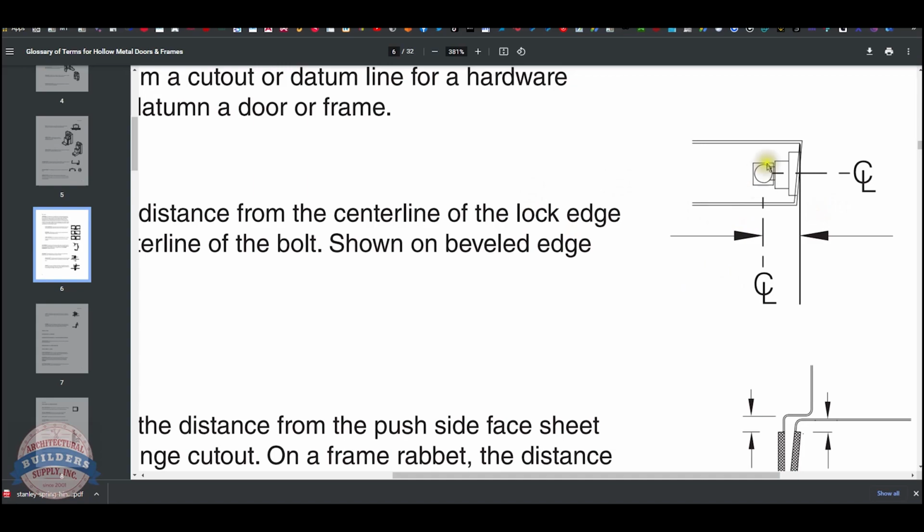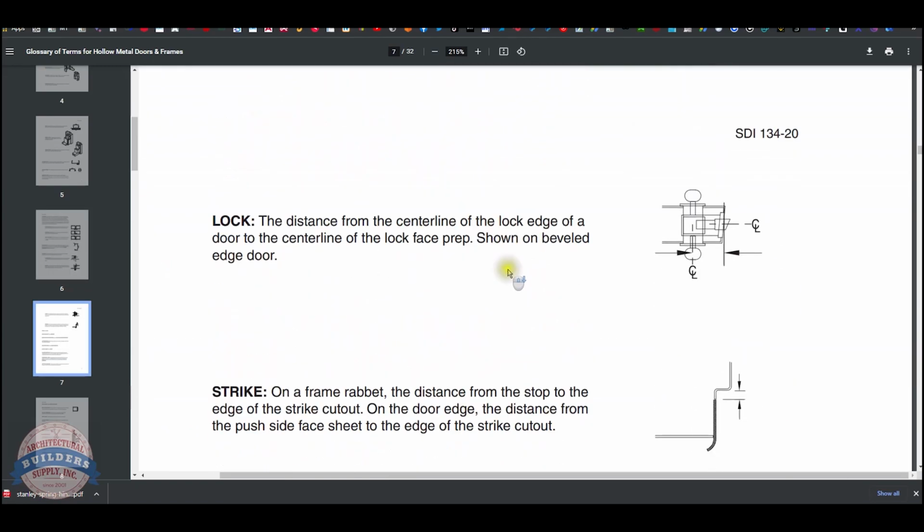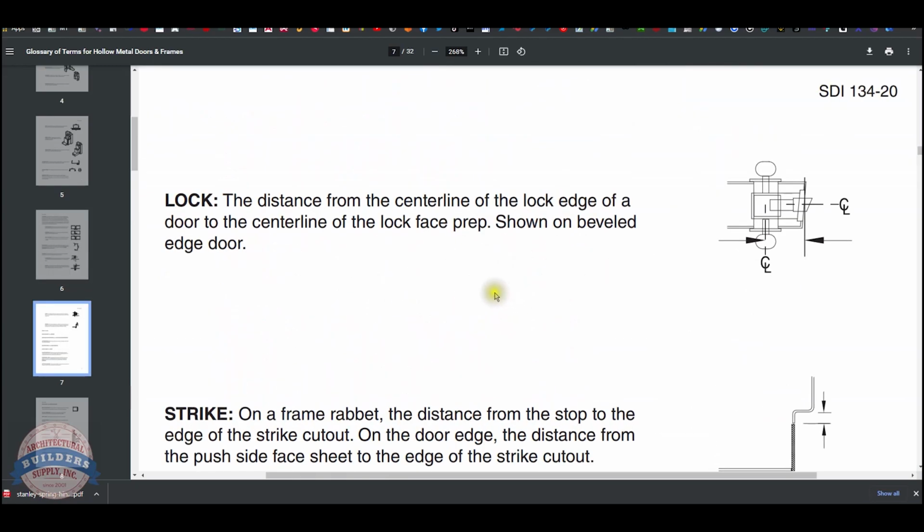You need to know where to put that drill bit, right, in the top or bottom of the door. That's really important to know. If you're prepping a hollow metal door, or the factory is, they need to know where to have that guide tab welded. So that dimension from the edge of the door to the center of the hole is the backset. Okay, we're going to skip down and look at the lock definition as well because it's very similar.